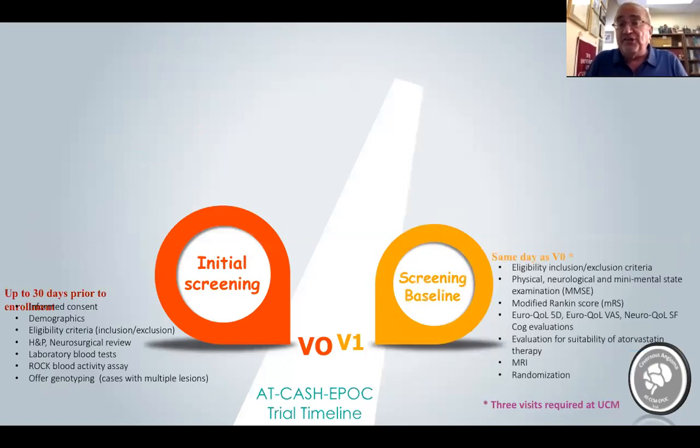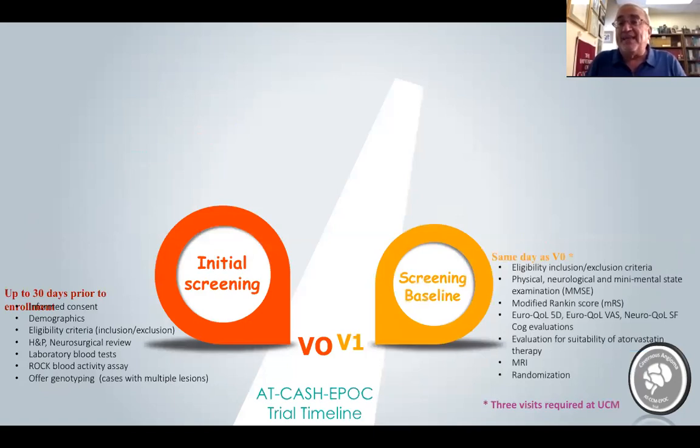But the first visit is done in people whom we think might be eligible for the trial, and then you sign the consent because you're eligible, and you come here for the last screen to make sure that you are in fact able to enroll, and you sign the consent, and you get a whole bunch of tests at this first visit in Chicago that are your first research MRI, blood tests, etc.